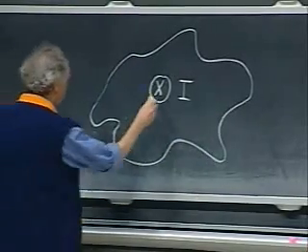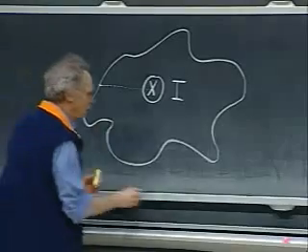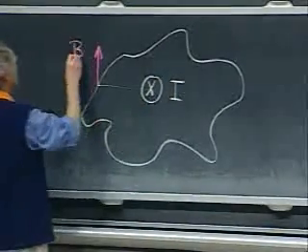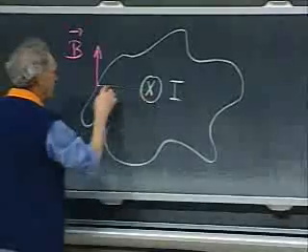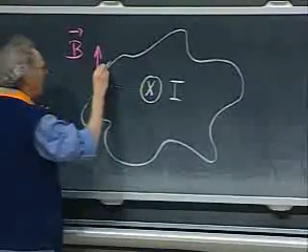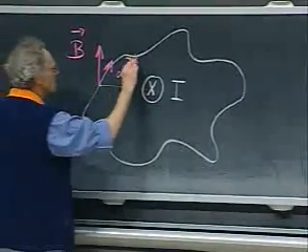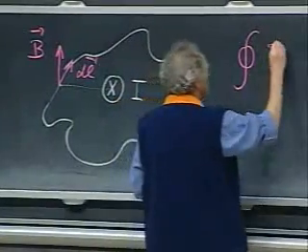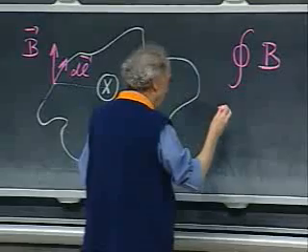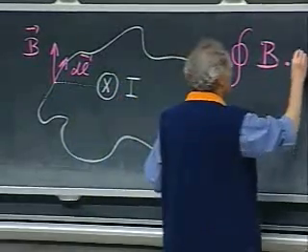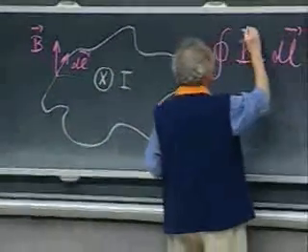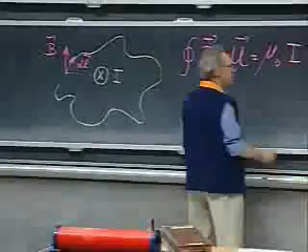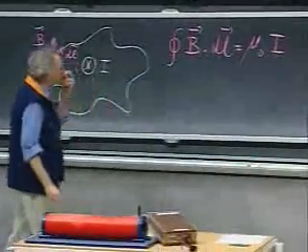Here you have the local B, which of course is perpendicular to this radius, and here you have your local dl. And if you now go around a closed path of any path, it doesn't have to be a circle, B dot dl, that now becomes mu0 times I, which is known as Ampere's law.